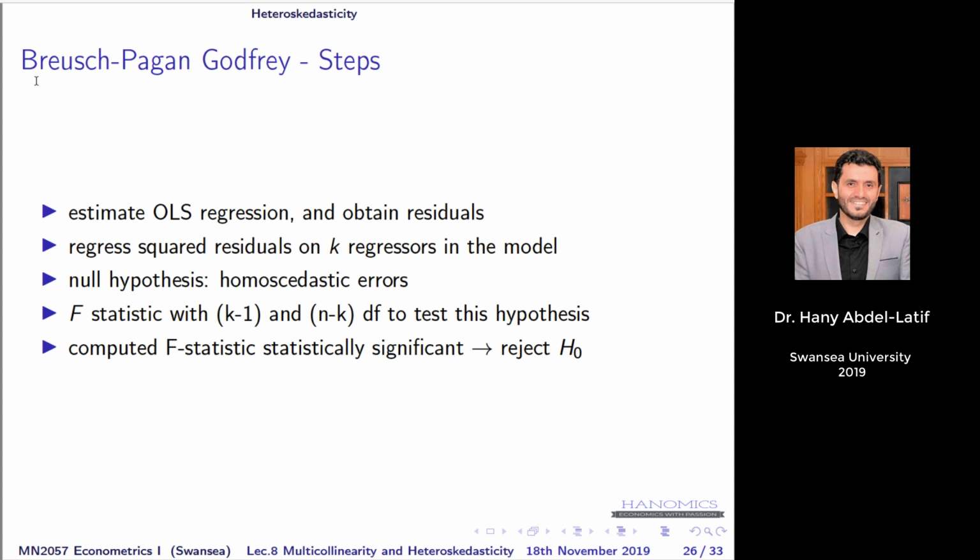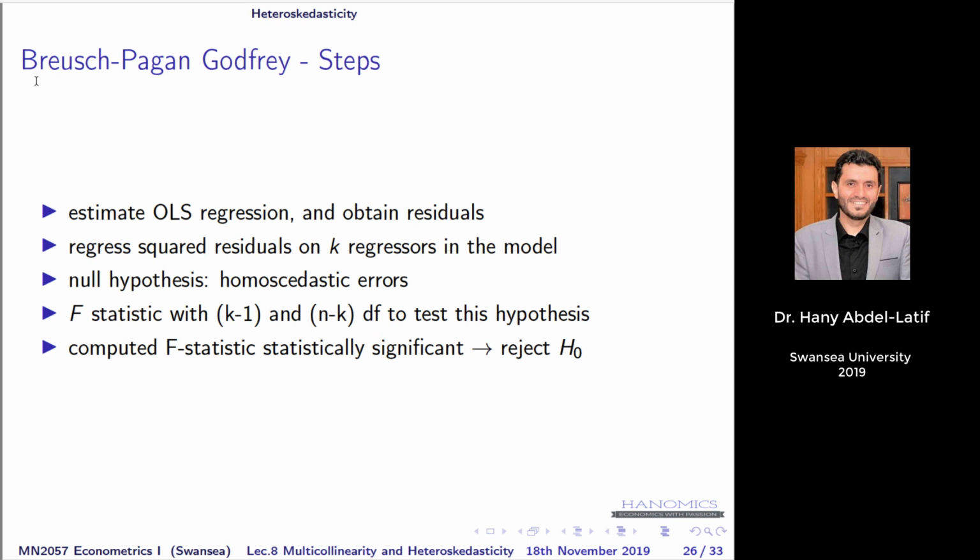If you reject that, then you have the problem of heteroskedasticity. If you fail to reject, that's great. We don't have heteroskedasticity. Our errors are homoskedastic, with constant variance, which is the desirable property we would like in order to have OLS be BLUE.